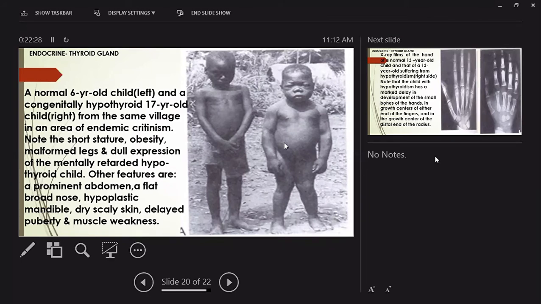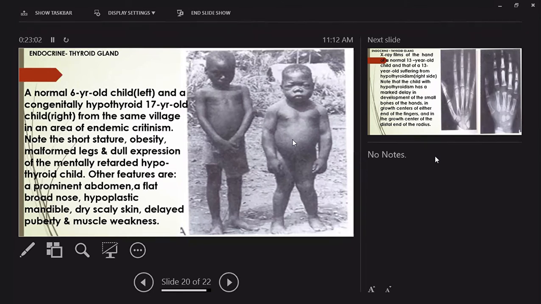Usually, this is found in very high, elevated mountainous areas, where salt is deficient. Note here the short stature of the 17-year-old child. Obesity, malformed legs, and dull expression because there is mental retardation.